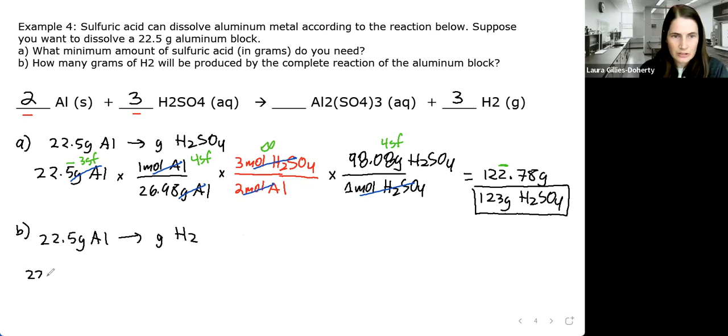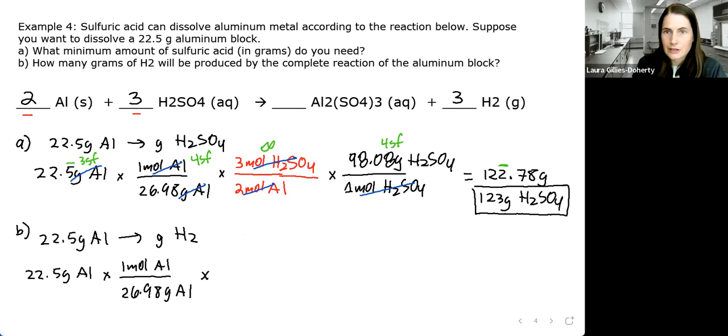Remember, you've got to go through moles. 1 mole of aluminum weighs 26.98 grams. And now we're going to use our balanced chemical equation to convert from moles of aluminum to moles of hydrogen gas. So for every 2 moles of aluminum that react, we make 3 moles of hydrogen gas from our balanced chemical equation.